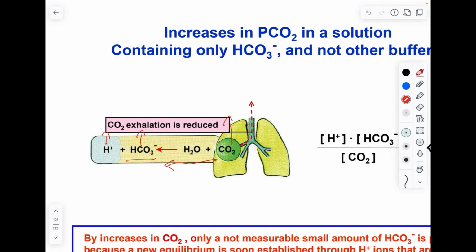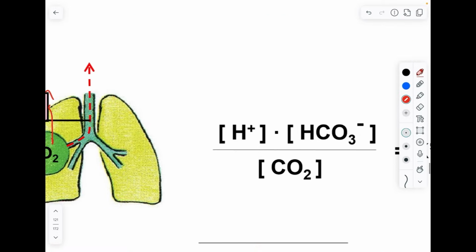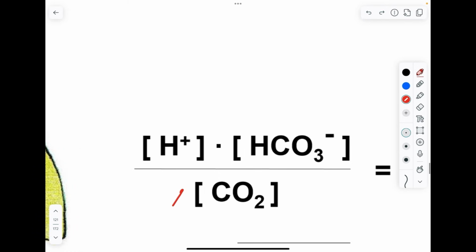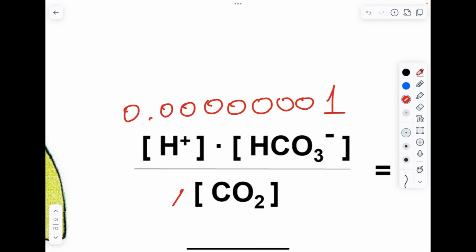But what actually happens? Well, let's look at this equation to understand. If we double the concentration of CO2, you need to double the concentration above to reach the equilibrium. Does that make sense? I hope it does. But in this case, we actually have around 0.0000001 for the concentration of H+.